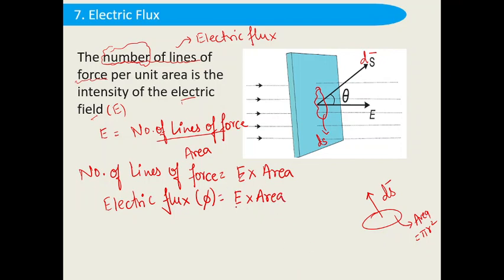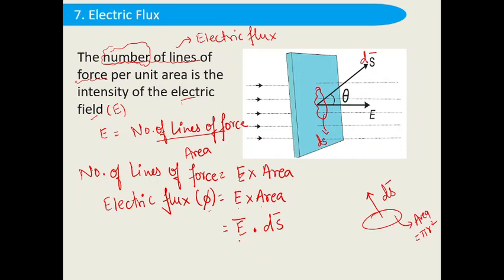Now, if I want to write this in vector format, this phi is the number of lines of force, which is a magnitude, a scalar quantity. E is a vector quantity, A is a vector quantity, so I can write this as E bar dot ds bar, where ds is the small area which I take into consideration.